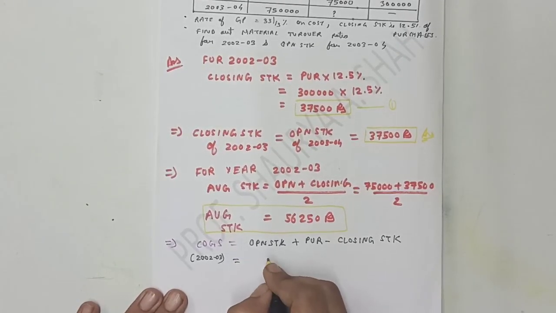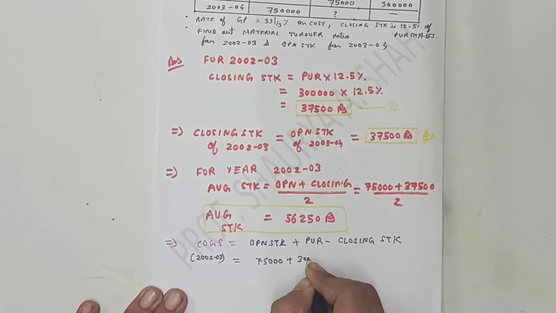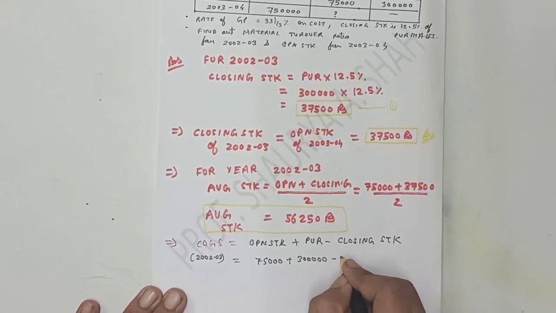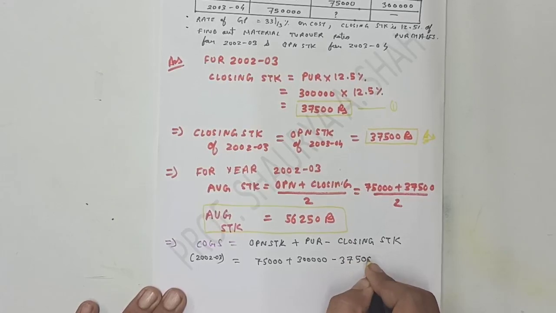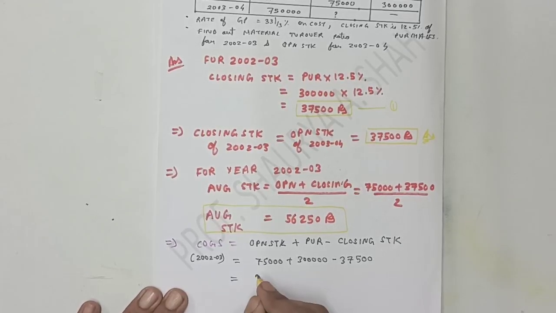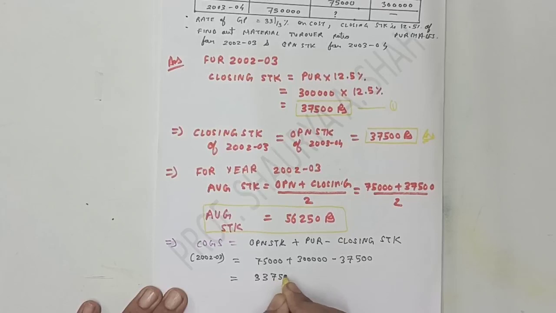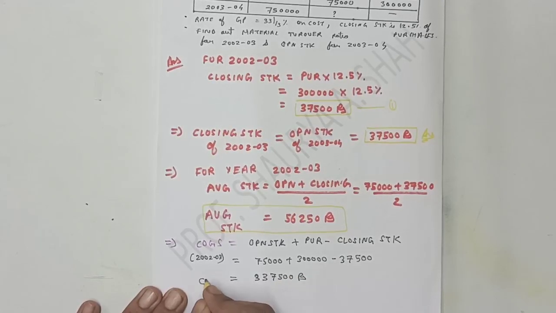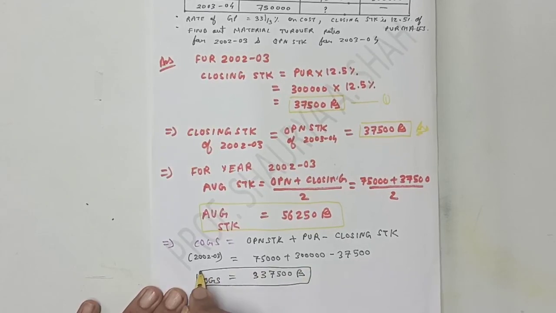What is my opening stock? Quickly, it is 75,000. What is my purchase? 3 lakh. What is my closing stock? 37,500, right? So if you calculate this amount, you will get 3,37,500. 3,37,500 is the cost of goods sold, right?